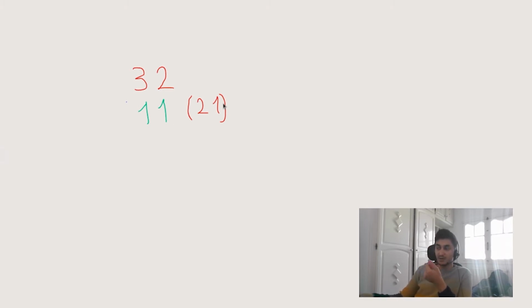So we can subtract again from each one to get 1, 0, and we can subtract 1 from this one, and we cannot subtract 1 from 0, so 0. And that's the minimum number of Deci-Binary numbers that sum up to 32.